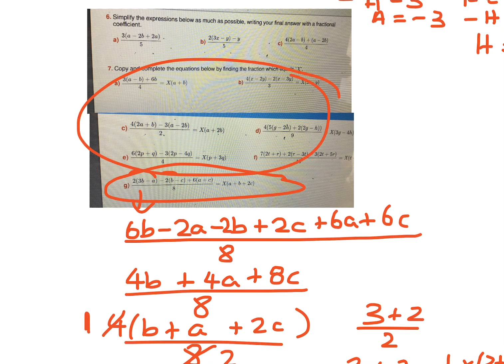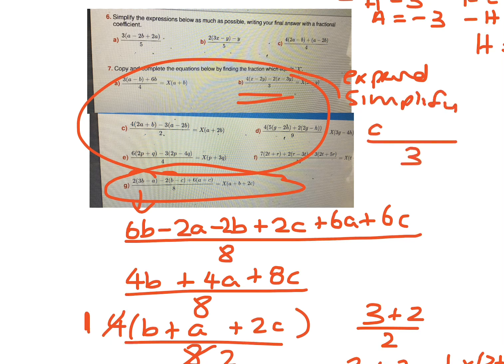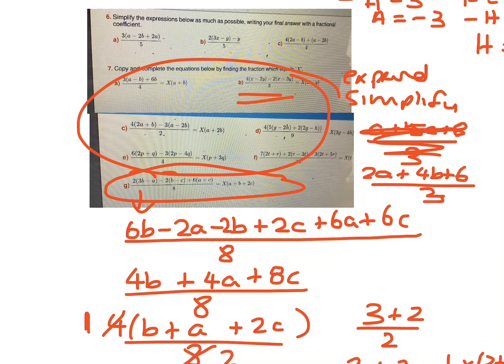So when you're doing these ones, even this first one, you expand, simplify, and then if you end up with something like, let's go, 2a plus 4b plus 6 on 3, factorise that out, so you get 2 times (a plus 2b plus 3) on 3.